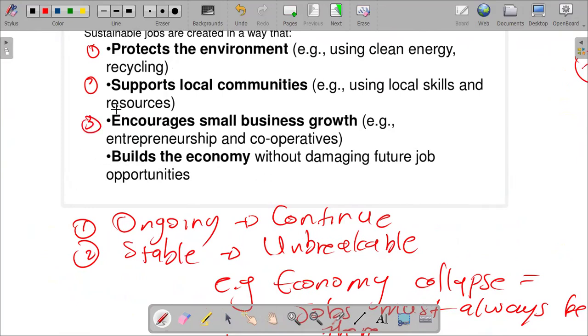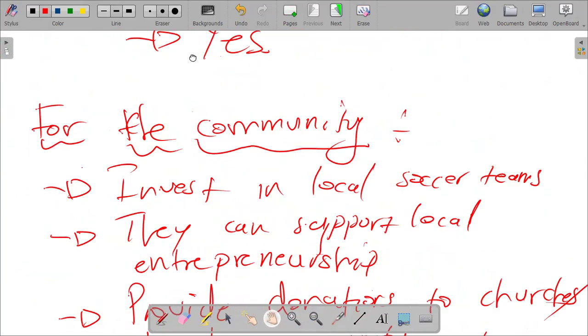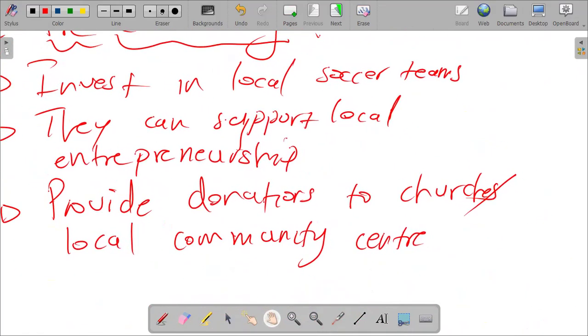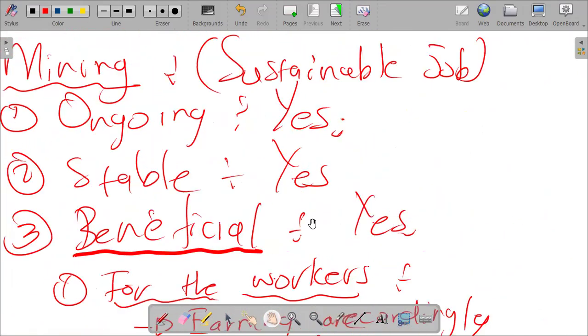Number three, so how are sustainable jobs created? Or in which way are they created? So these sustainable jobs should encourage small businesses. As we said before, we were talking about they can support local entrepreneurship, meaning upcoming businesses.